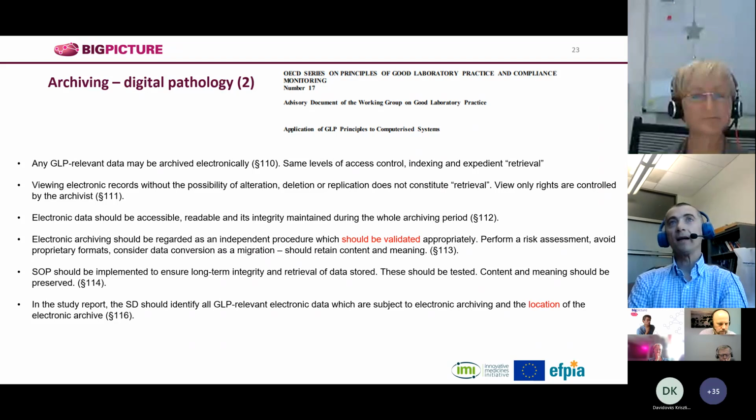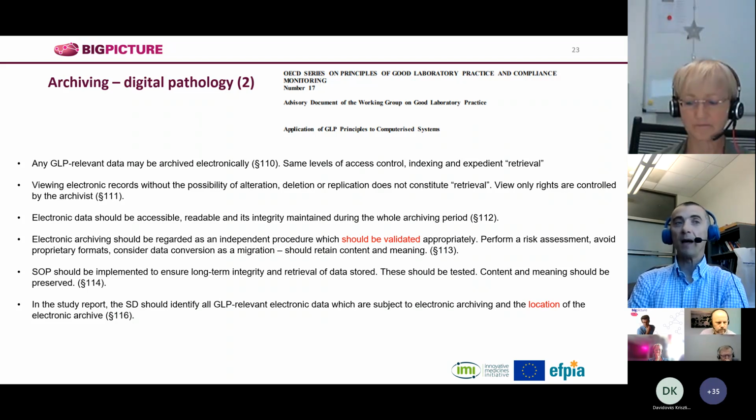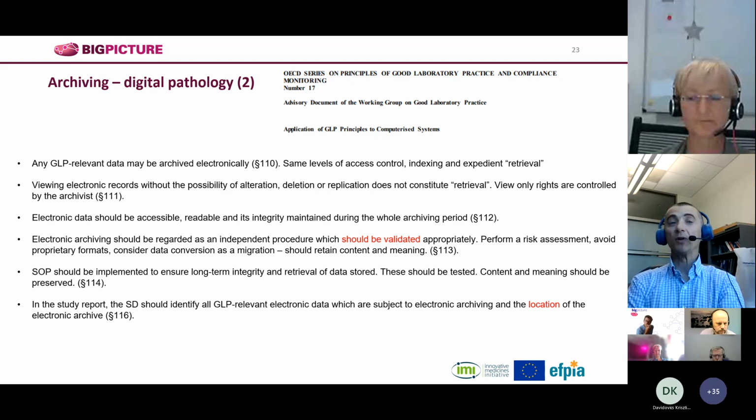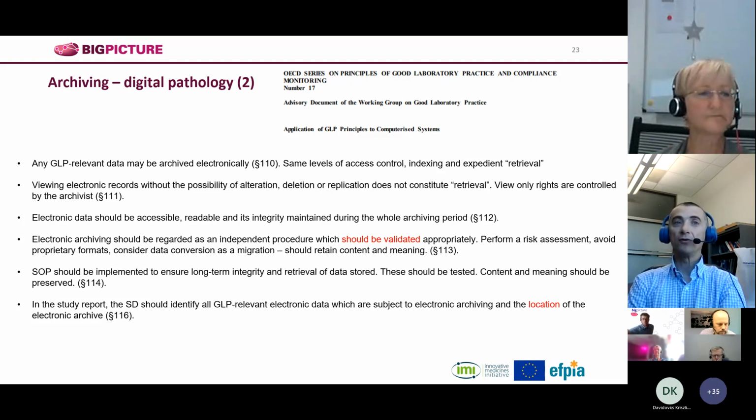You can see that as for physical archives, you can go into the archives and consult a document and then just leave the document in the perimeter of the archives and give it back. Or you can retrieve the document. You go to the archives, you get the file, then you bring it to your desk, you read it, and potentially you have risks of losing something or altering something, and then you bring it back to the archives.